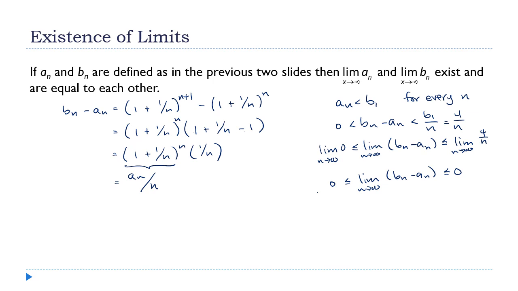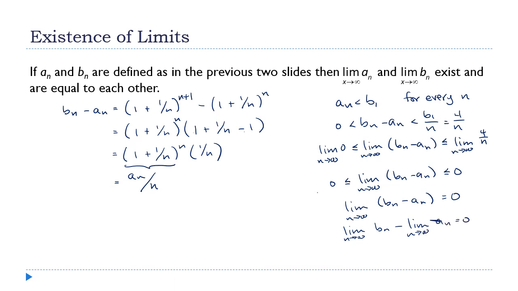So what does that mean? That means that the limit as n approaches infinity of the difference is 0. And then you use your limit rules. This is the limit as n approaches infinity of b sub n minus the limit as n approaches infinity of a sub n.